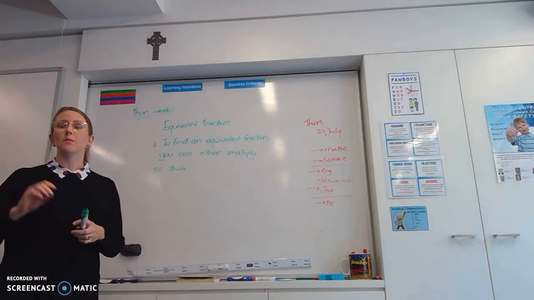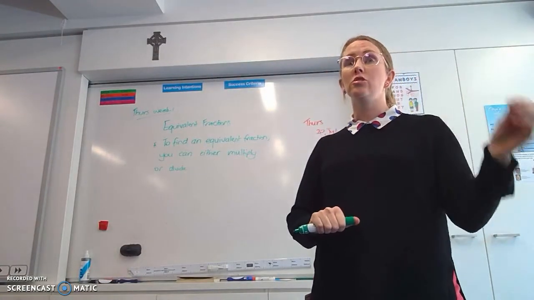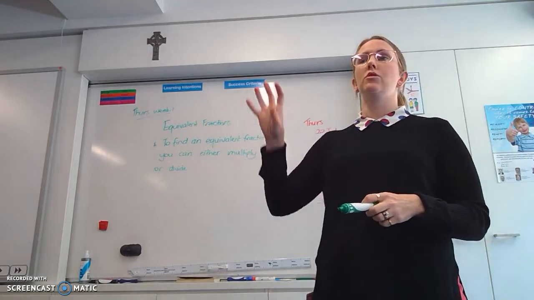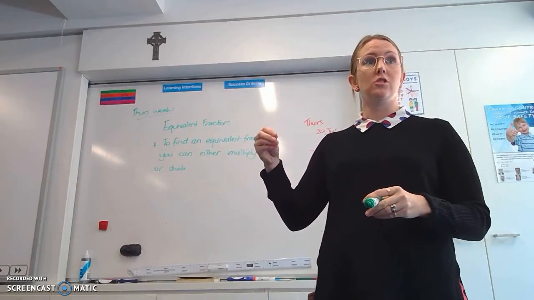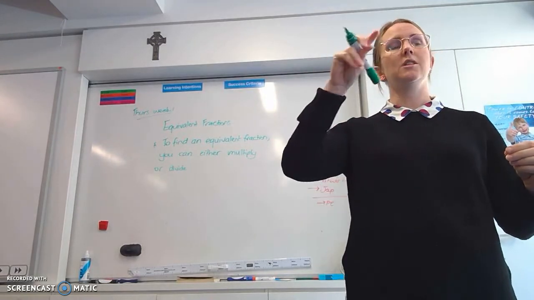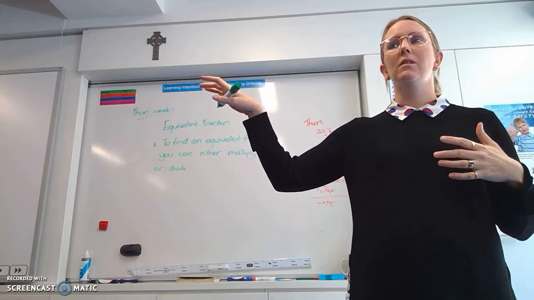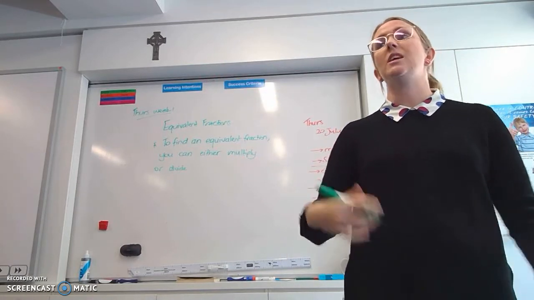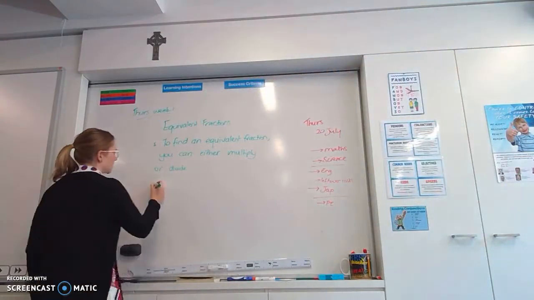Okay, so the most important thing to remember with equivalent fractions, and if you don't do this, you will get them incorrect, is that whatever you do to the numerator, you must do to the denominator, okay? So if you're not doing that, you're actually just changing one part of the fraction and it becomes something totally different and a different value fraction, which is not finding equivalent, it's changing it to something else. So that doesn't work.